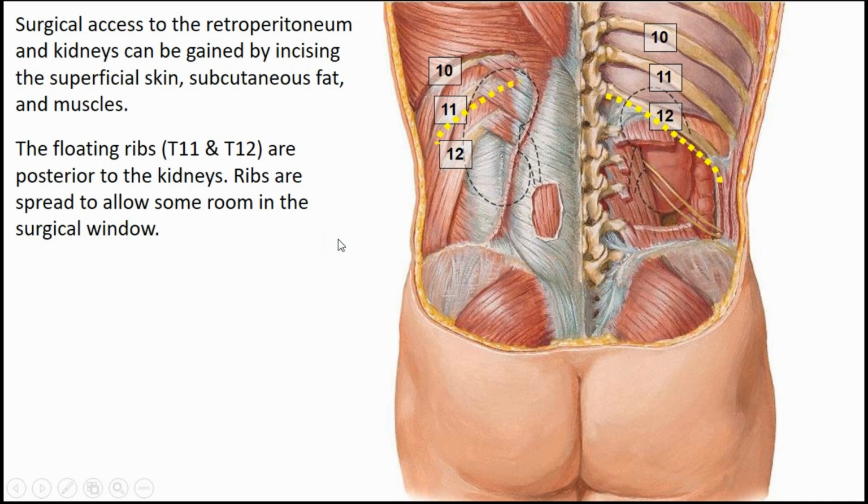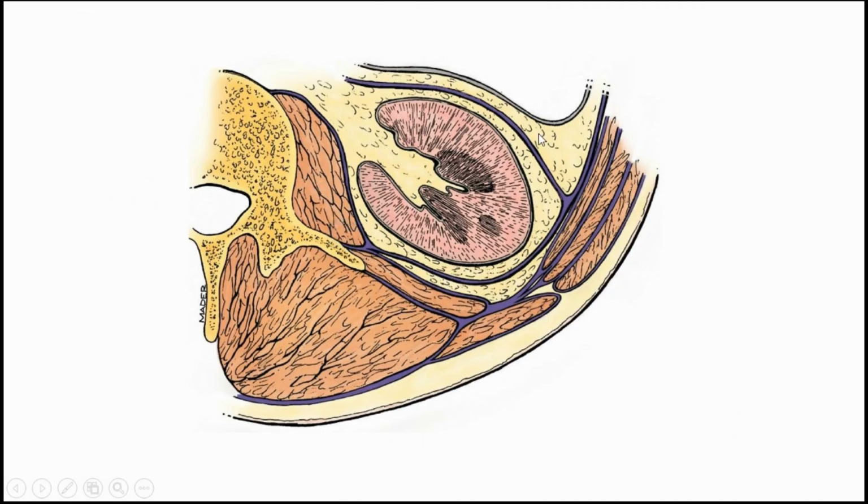So instead of incising through these areas, below rib 11 on the left and rib 12 on the right, what might be done is that the abdominal oblique muscles will be incised, and the surgeon will then go into the fascia here, the transversalis fascia, and not actually enter the peritoneal cavity more anteriorly. So there's the peritoneum. We want to try to avoid opening it if we can, but sometimes the surgeon can get in and actually get through this transversalis fascia.